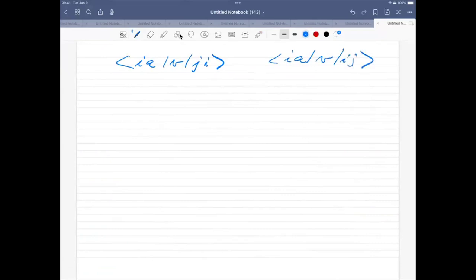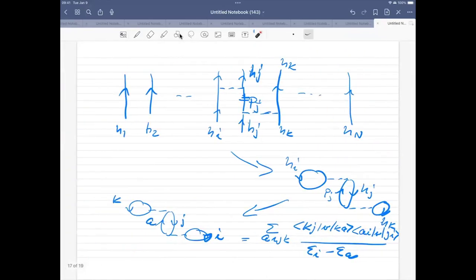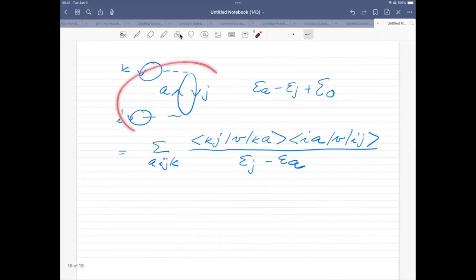And we know that this matrix element is simply given by minus that matrix element. So when we are using anti-symmetrized matrix elements, except for this minus sign, this diagram which you see here is something which we would call topologically equivalent with this diagram and this diagram here.